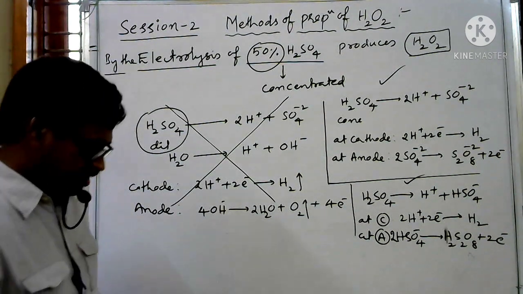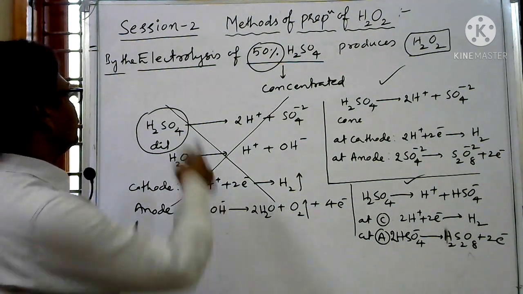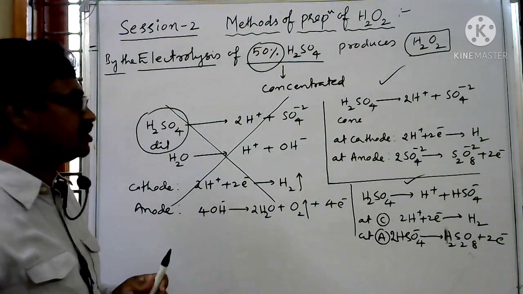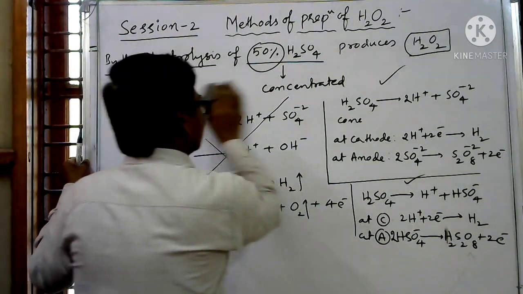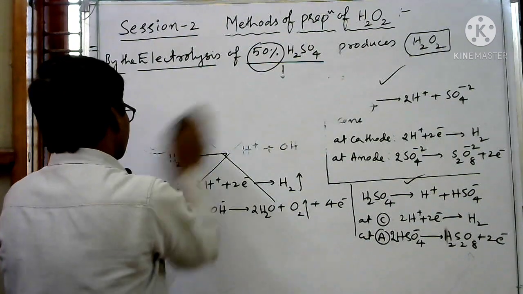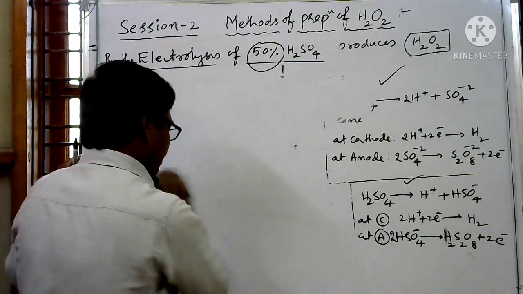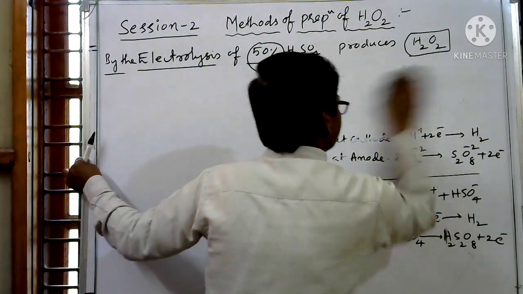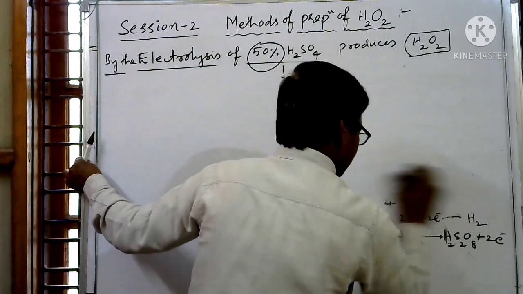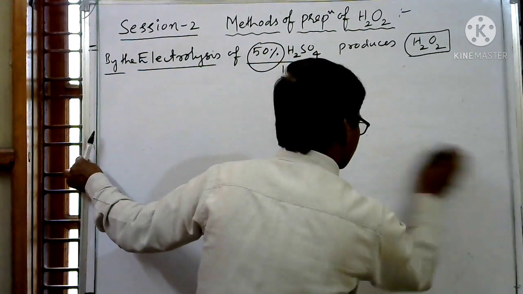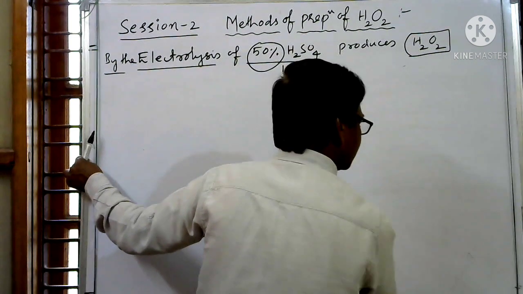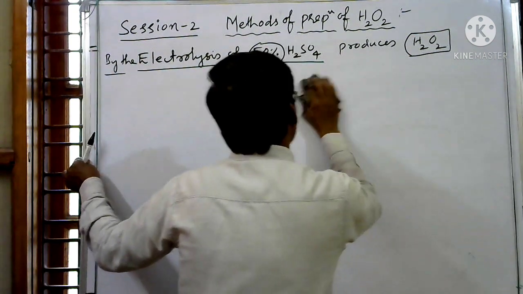Now again coming back to the electrolysis of 50% H2SO4. Here I am giving one rough figure diagram. For this electrolysis, we should know what the electrodes are and what the electrolyte is.